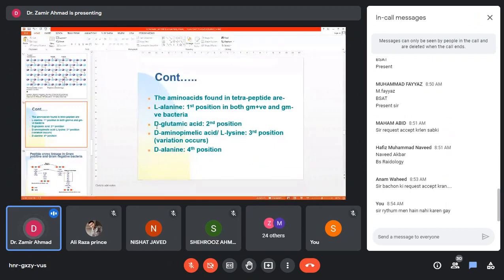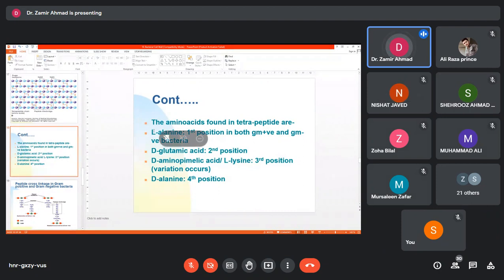The second position is occupied by D-glutamic acid. These D and L series are similar to those of D and L sugars which we studied in the case of carbohydrates or monosaccharides. Just the orientation of groups around the central carbon determines this D or L series.